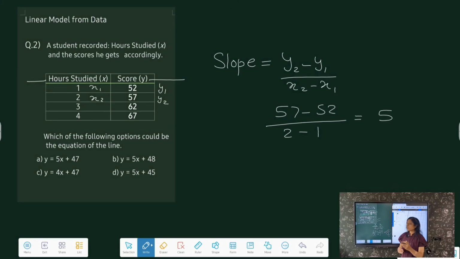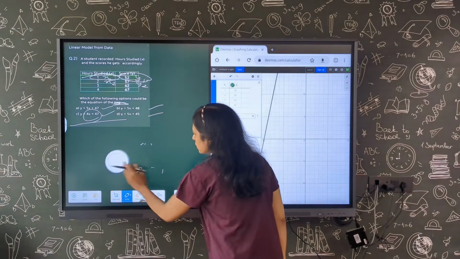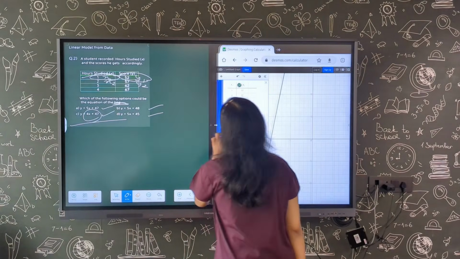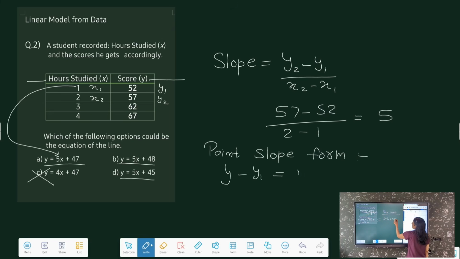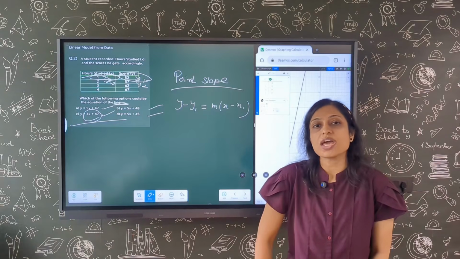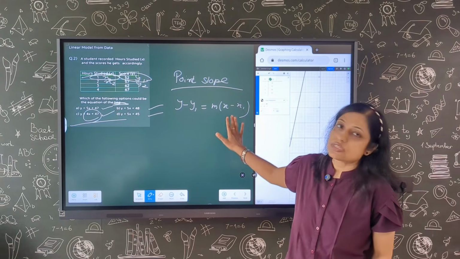Now the next part for this question, after finding the slope, use the point slope equation form. What is the point slope equation form? y minus y1 is equal to m times x minus x1. So basically in the question, if we don't have the y-intercept, we use this form.